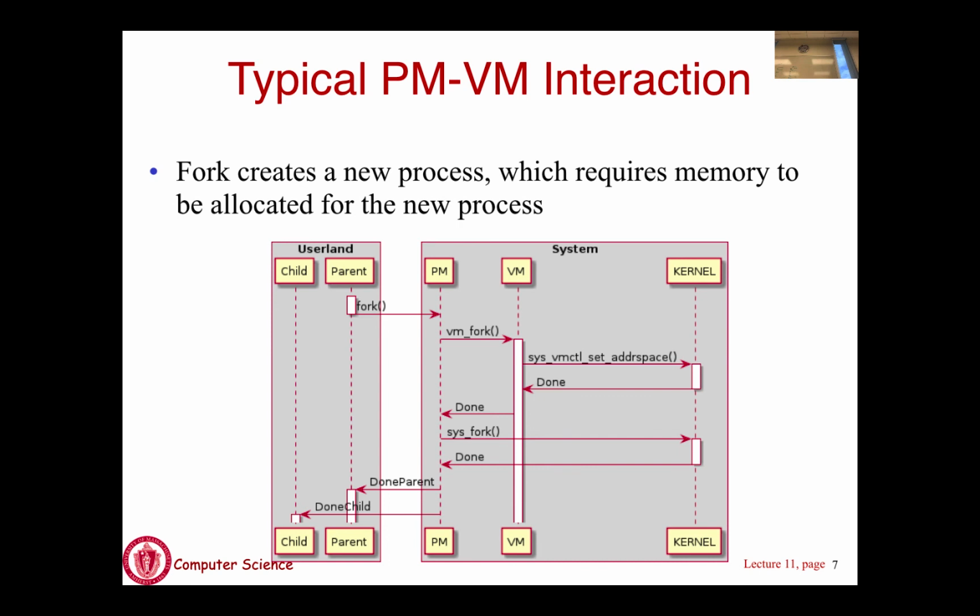That is going to be done when you do fork and set address space, and then you tell the kernel, okay, this is a new virtual address space for this process. Then you will come back and actually do a fork to create the new process ID and things of that sort, and then you are going to return back to that process. So, you will see that process creation is intimately tied to how memory gets allocated.